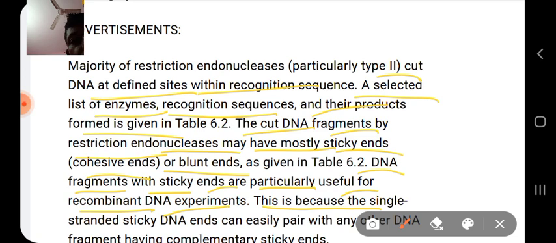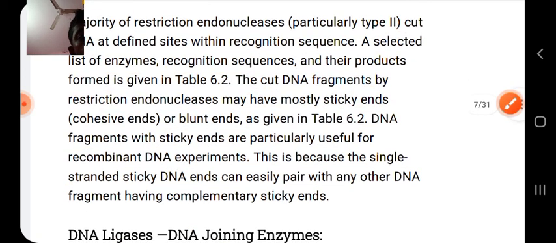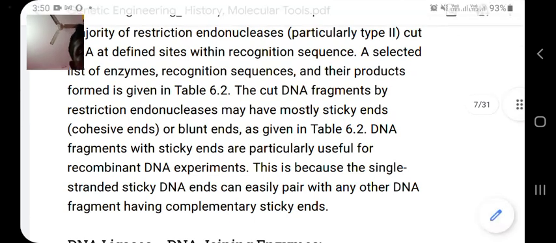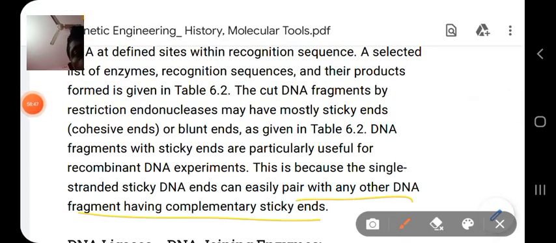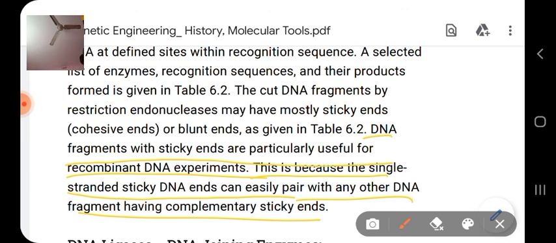This is because single-stranded sticky ends can easily pair with any other DNA fragment having complementary sticky ends. This is mainly important, that is why DNA fragments with sticky ends are useful for recombinant DNA experiments.